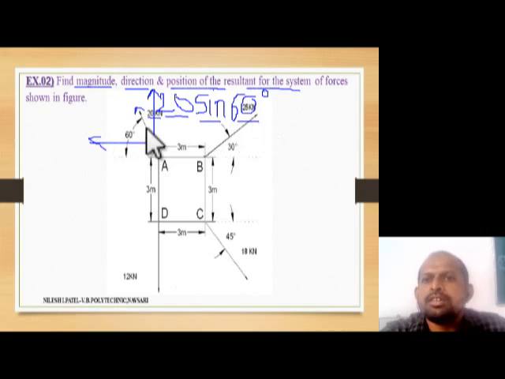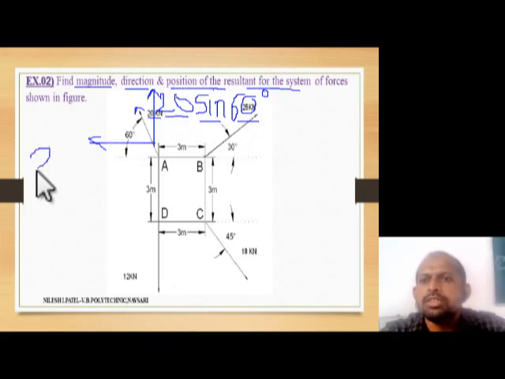So the vertical component is 20 sine 60 degree.